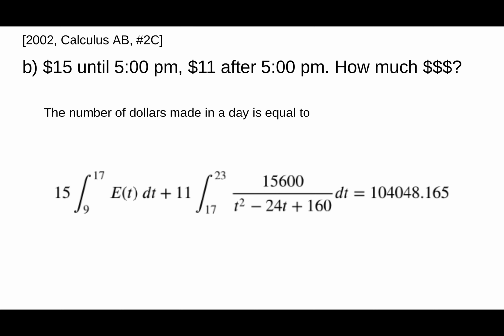So the number of dollars made in that day is going to be 15 times the integral from 9 to 17 of our E of t dt function, plus 11 times the integral from 17 to 23 of our E of t dt, which turns out to be $104,048 and change. So to the nearest dollar, the park makes about $104,048 that day.